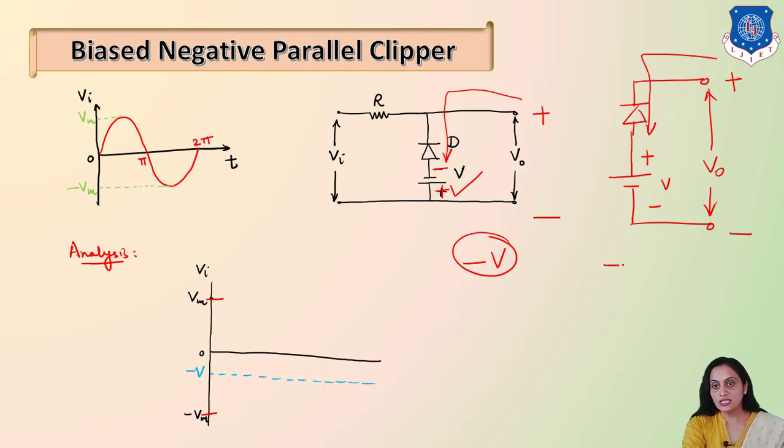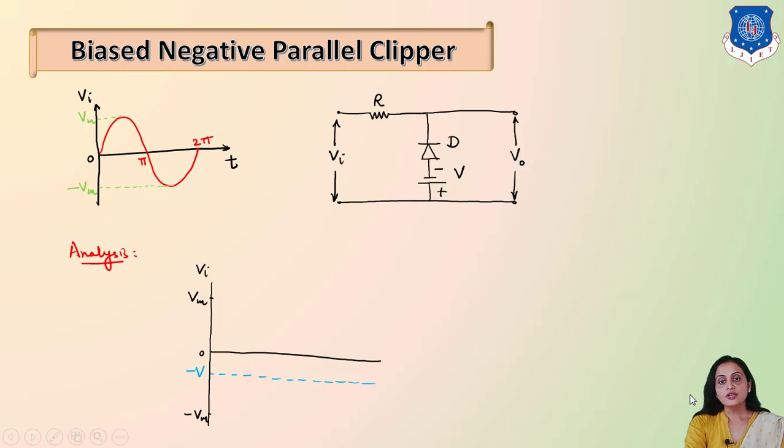That's why for this case I have to consider the reference voltage to be plus V. For this particular case, where the negative terminal is connected over here to the output plus terminal, I have to take the reference voltage as minus V. In short, you have to consider the reference voltage terminal which is connected towards the output voltage plus terminal, and that is considered as the reference voltage polarity.